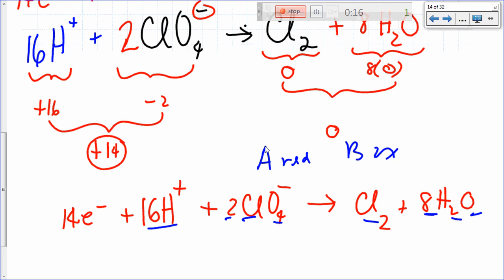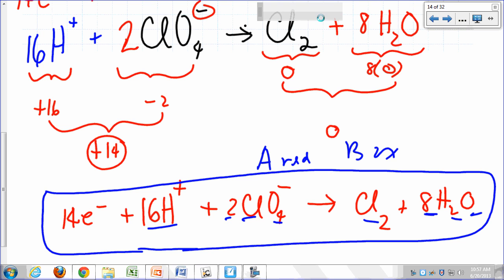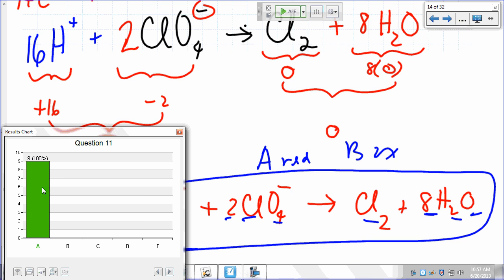This half reaction that I just wrote, is this a reduction or an oxidation half reaction? It is reduction. Very good.